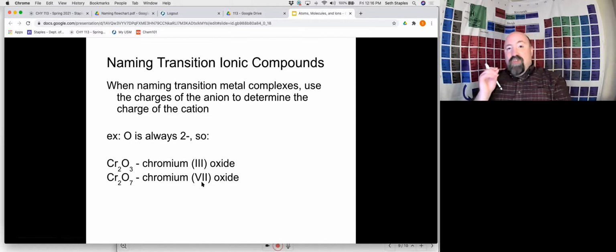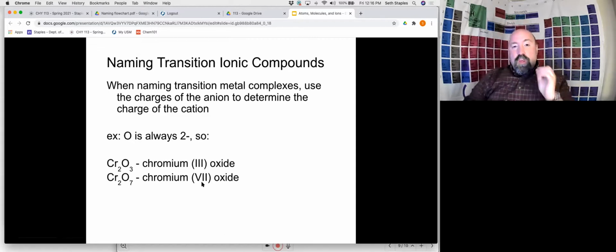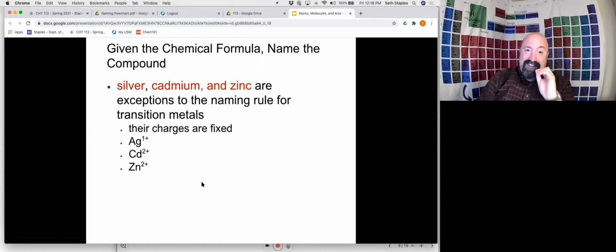And so when you have a transition metal, so any of these transition metals here in the center of our periodic table, you always have to indicate the charge of the metal by using Roman numerals. Now, unfortunately for you, and many times when a chemistry teacher says always, they're about to give you some exceptions. And that's the case here.